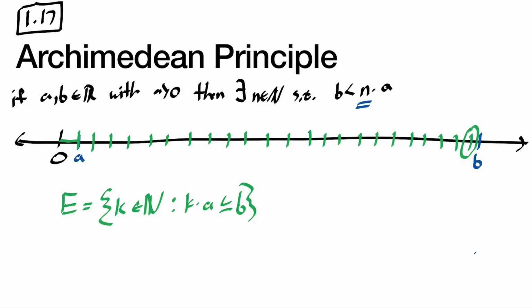And what that means is that E is this set of green stripes that I showed here. And what we're going to notice is that set has to have two properties. First, that set must be non-empty.